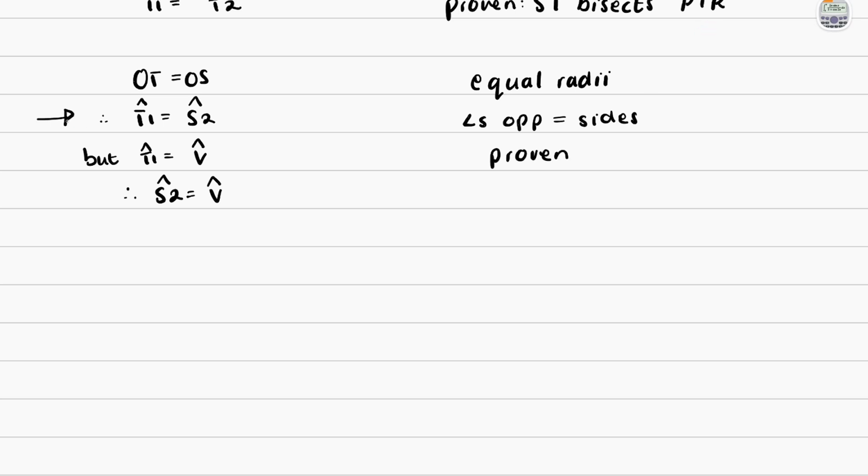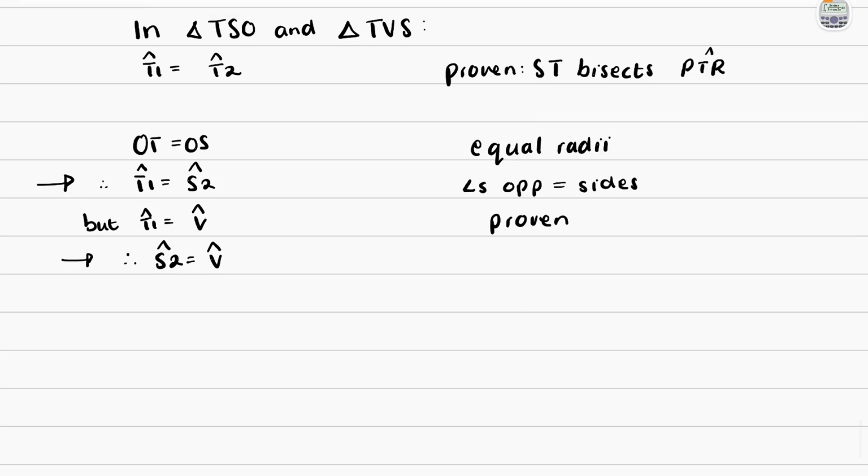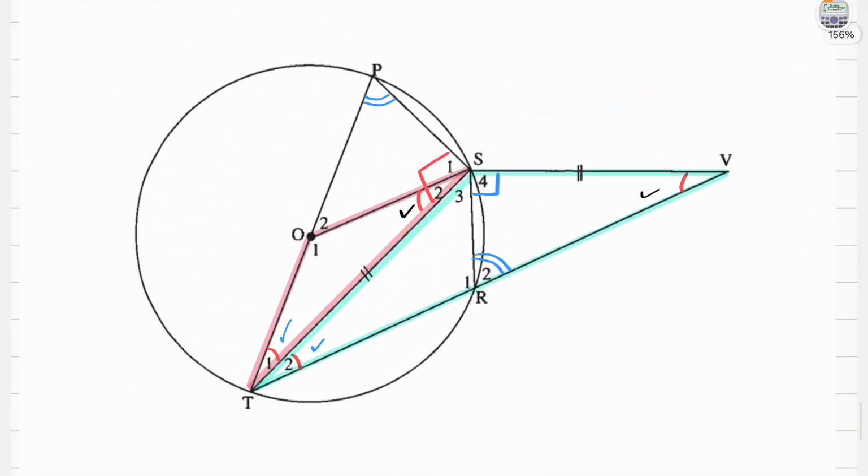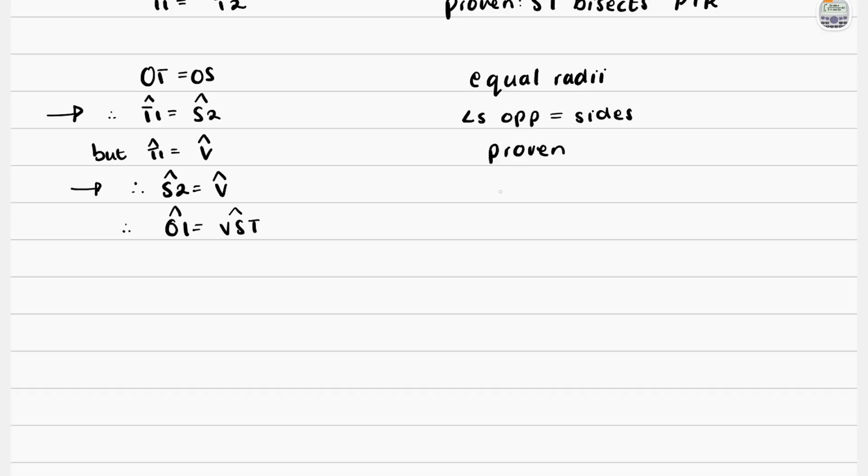So we've got two angles in each triangle being equal. That by default will make their third angle equal, since the sum of the angles in a triangle has to add up to 180 degrees. So that means that angle O1 is actually equal to angle S3 plus angle S4, which we can call angle VST. The reason for that is the sum of angles in a triangle.